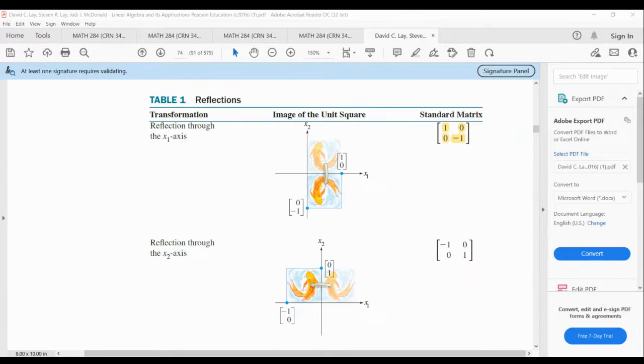That's why the first column there is 1, 0. But now the second vector is 0, -1. The second column of that standard matrix for the reflection through the x1 axis is 0, -1. How are they getting that? What vector are they transforming to get the vector 0, -1?